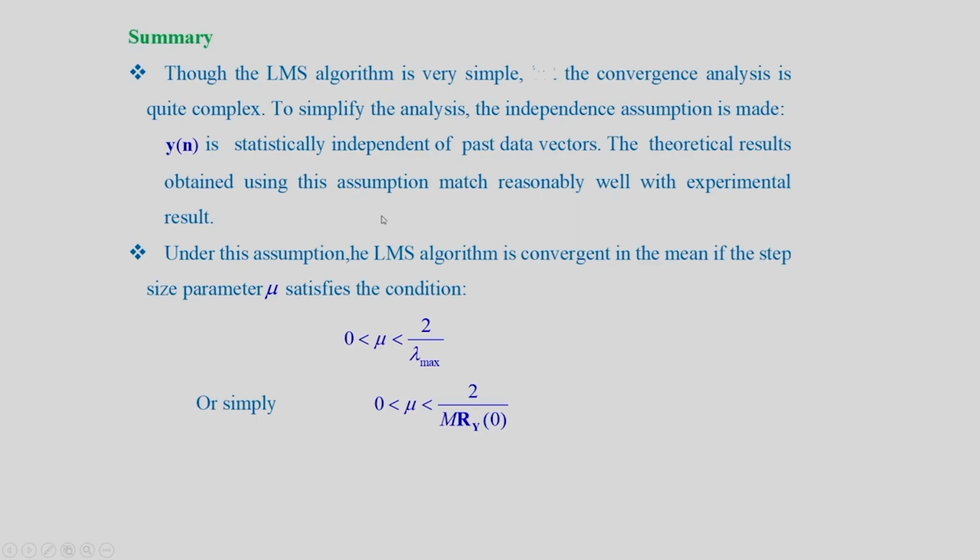The theoretical results obtained using this assumption match reasonably well with the experimental results. Under this assumption, the LMS algorithm is convergent in the mean if the step size parameter mu satisfies this condition: 0 is less than mu is less than 2 by lambda max, or simply mu lies between 0 and 2 by m times Ry(0).